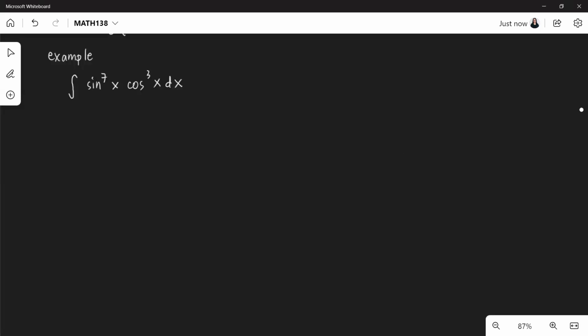So we have here the first example. The exponent of sine is 7, the exponent of cosine is 3. Of course, you cannot just let u be equal to sine of x and express it as u to the power of n, because there's a cosine cubed being multiplied and that's not just 1, so it is not ready for du.